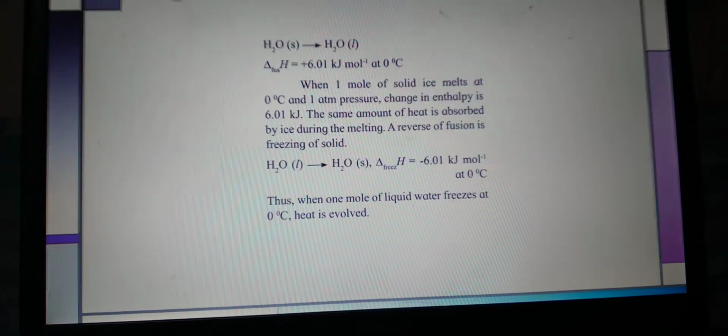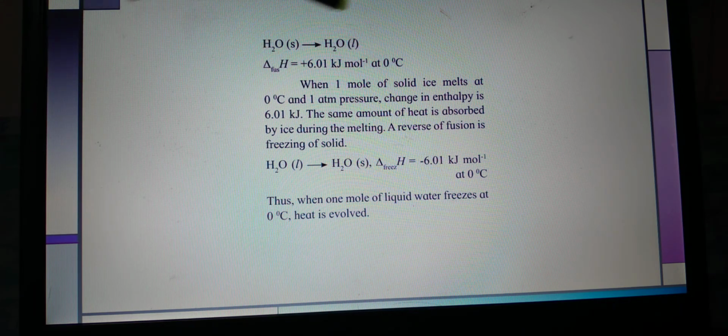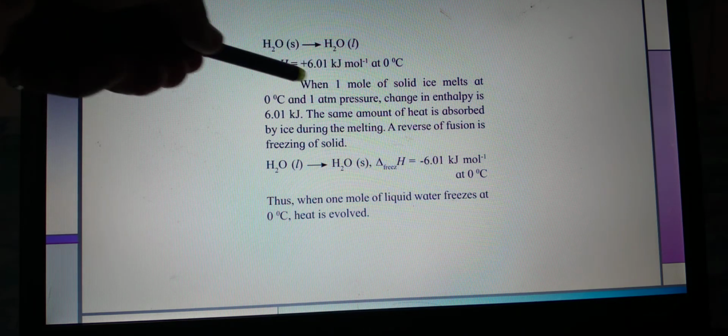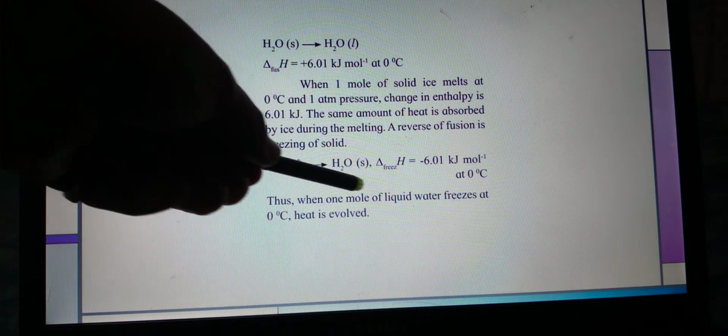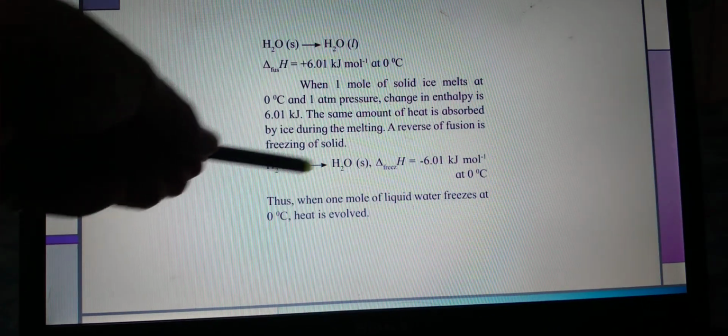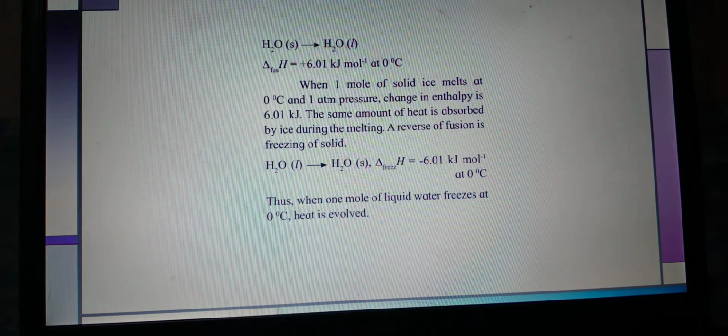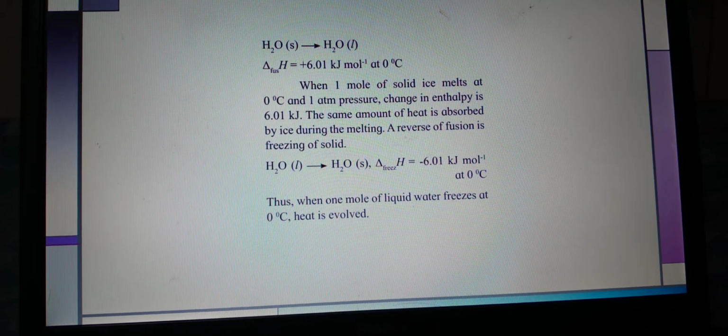Here it shows positive, now here it shows negative. Why does this change occur? Because for solid to liquid, heat is absorbed, so we write positive. Now here heat is evolved from liquid to solid, and hence the sign is negative. So the enthalpy change is minus 6.01 kilojoule, that is, 6.01 kilojoule of heat is released.